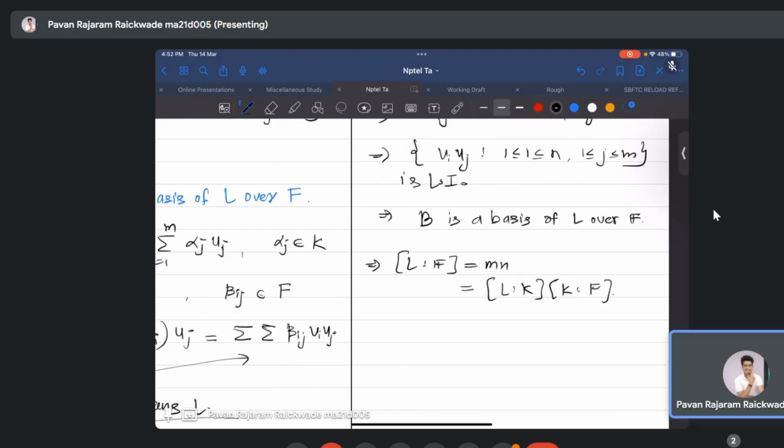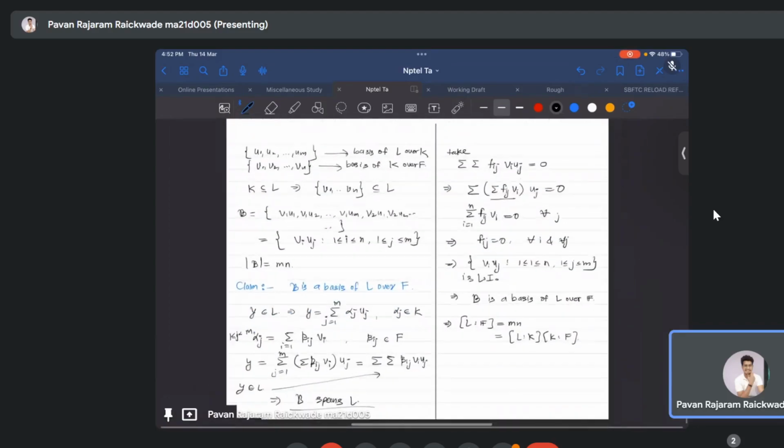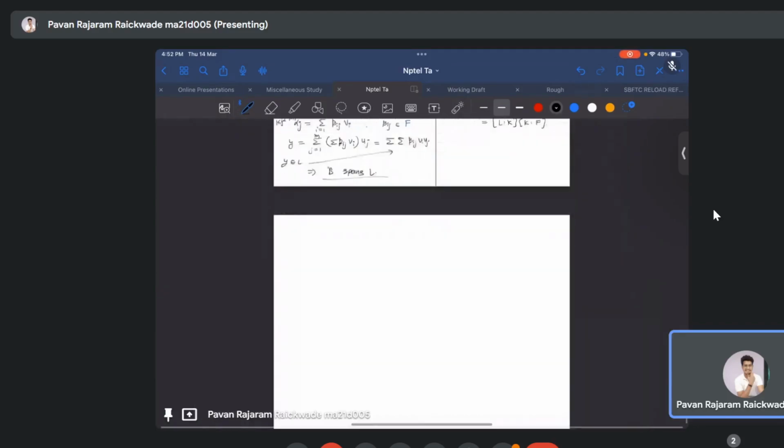Okay, so this whole property is also called the transitivity of finite extensions. And I hope this is clear. Let's go for the next question.